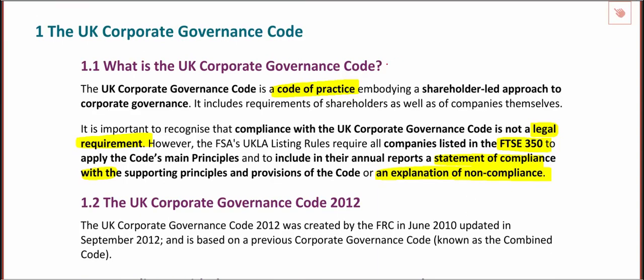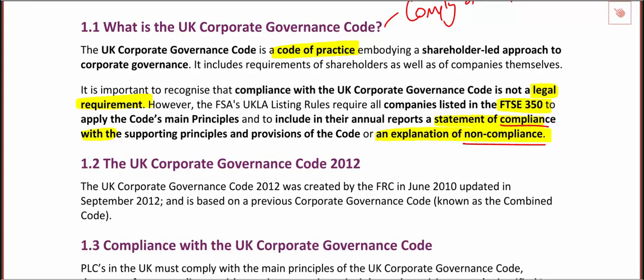So we call it a comply or explain system. So they either have to list and detail in the statement of compliance how they've complied with the UK Corporate Governance Code, or they have to have an explanation of non-compliance justifying why they have not.